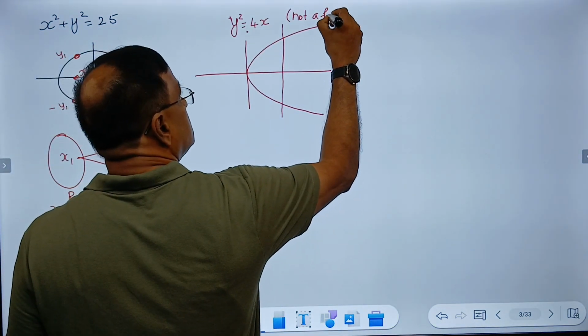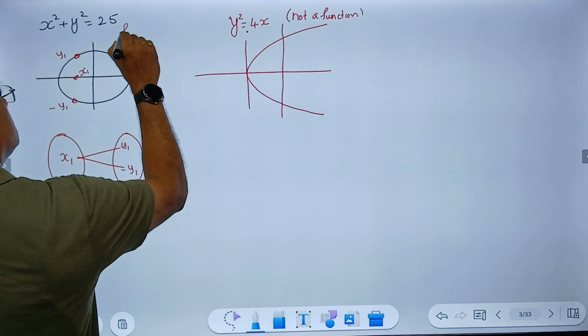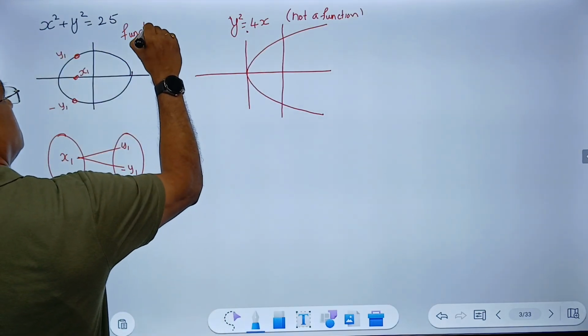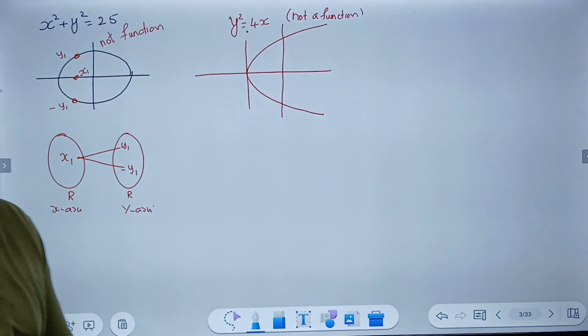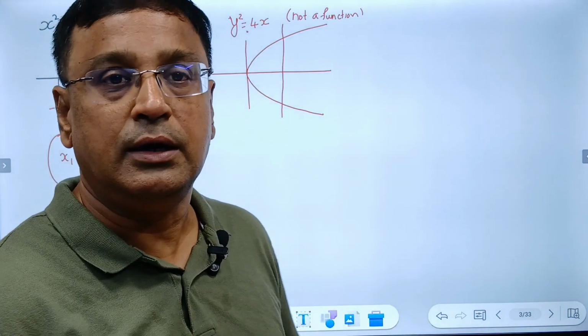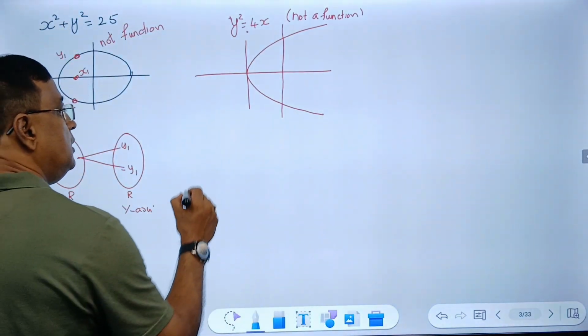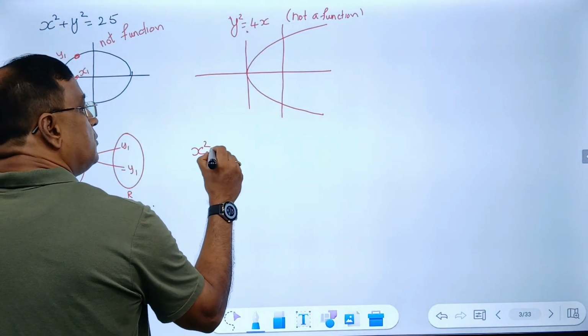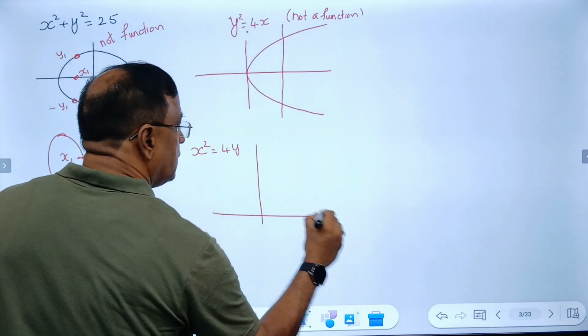This is not a function. This is also not a function. Okay, it's not a function. So the vertical line test helps you understand whether the given graph is a function or not. I'll give you one more example. Suppose we take x squared equal to 4y. Now what is x squared equal to 4y?